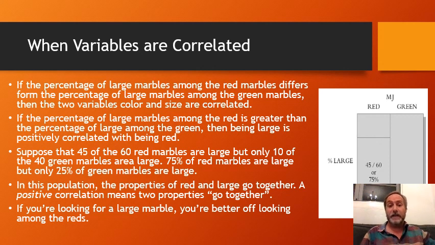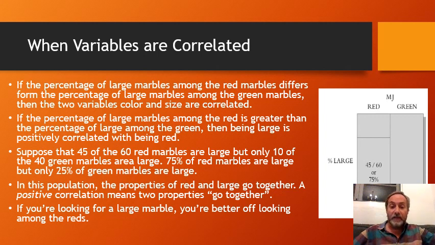So suppose that 45 of the 60 red marbles are large, but only 10 of the 40 green marbles are large. Now you can't go with the raw numbers, because there are more red marbles than green marbles. But if you run those numbers, 45 divided by 60 is 0.75, or 75% of the red marbles are large, while 10 divided by 40 gives you only 25% of green marbles being large.